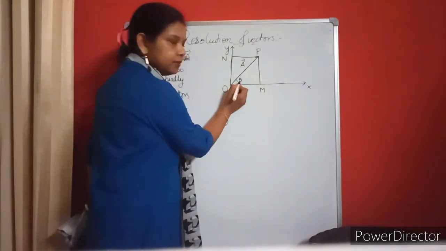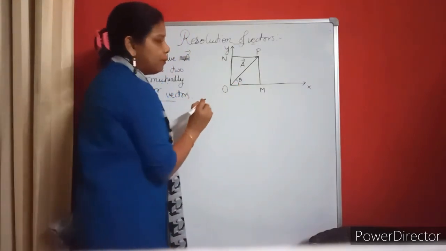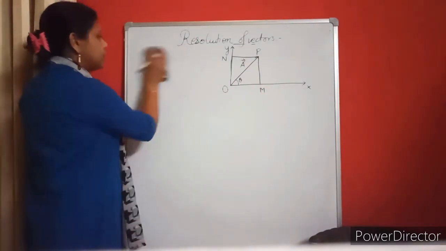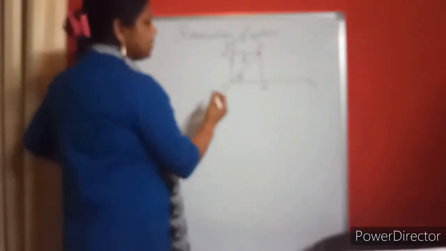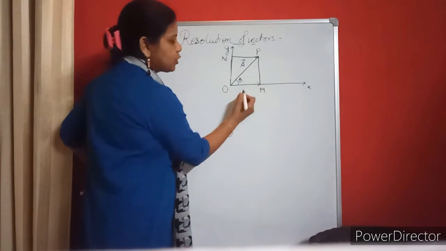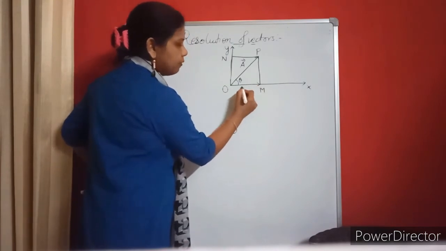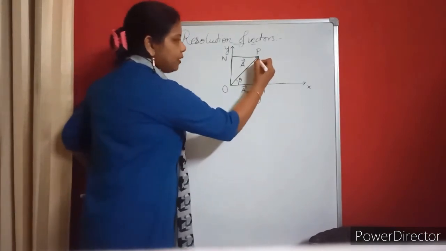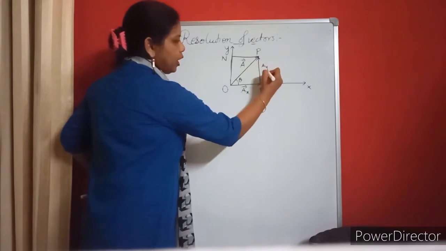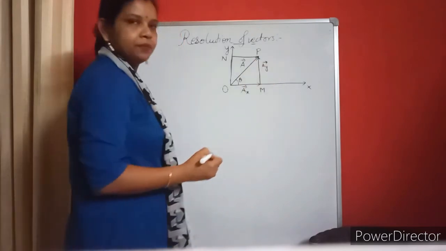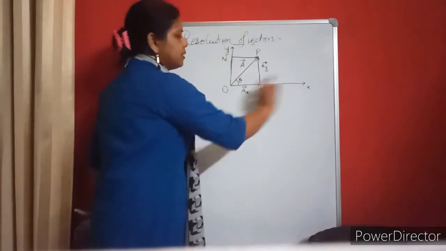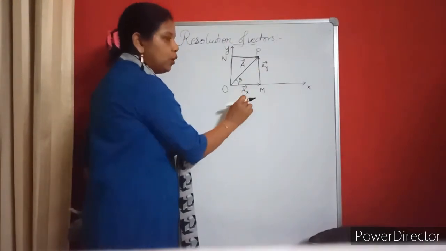Done? It is okay, I think? If this is theta, then what will be my sine theta? Sorry, instead of writing sine theta, suppose I say this part is my x component, AX vector. And this part, if I draw like this, then it will be my AY vector. Since this is the y-axis and this is the x-axis, are they perpendicular to each other?